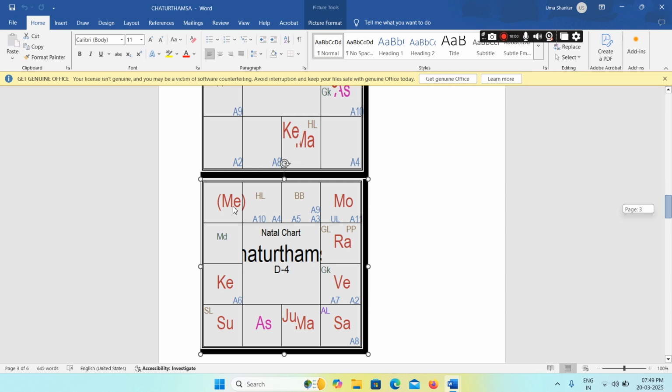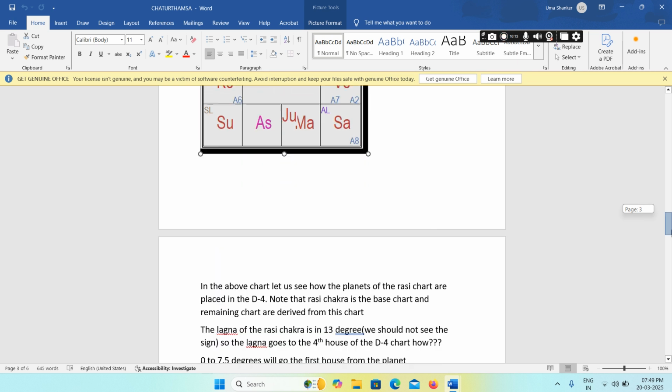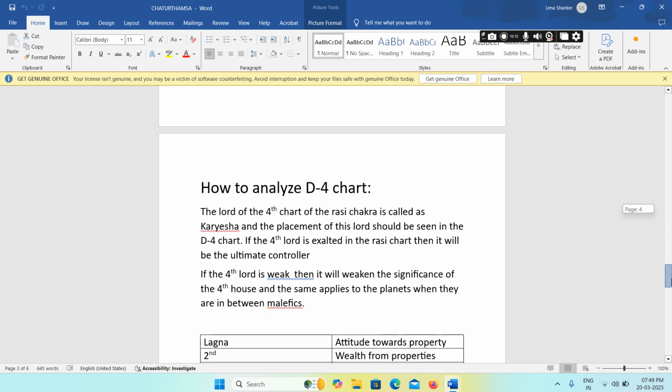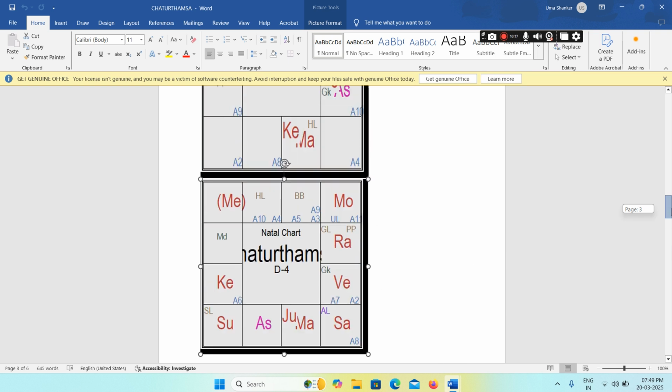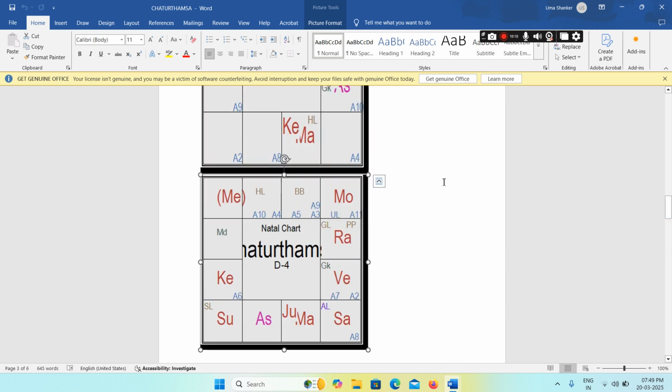You see here, by Graha Drishti, it is aspecting your 11th house. That means the energy of the 8th Lord is going and sitting in the 5th house. And the 5th house, what did I say? We have to maintain the property in order to get money. So, because Mercury is aspecting the 11th house. Got it? Mercury is aspecting the 11th house. So that is how we have to see.